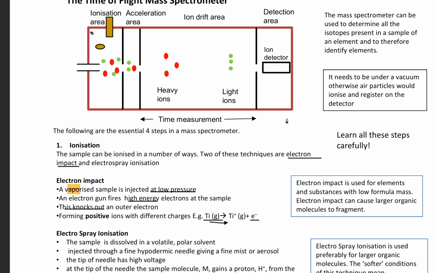Let me read the definition, sorry. The mass spectrometer can be used to determine all the isotopes present in a sample of an element and to therefore identify elements.